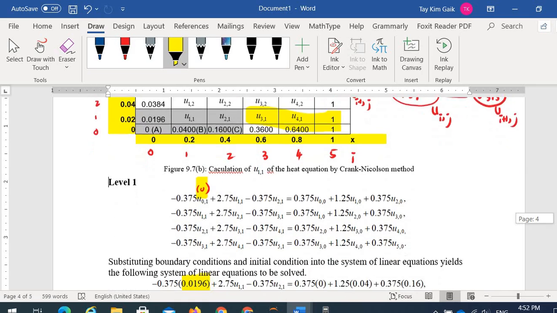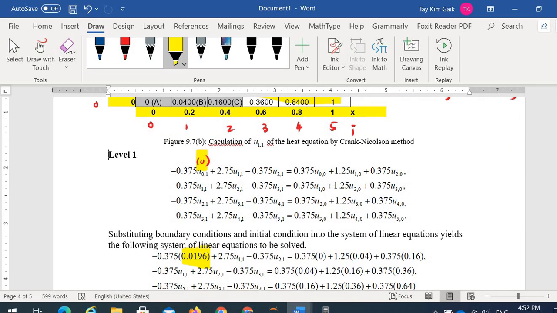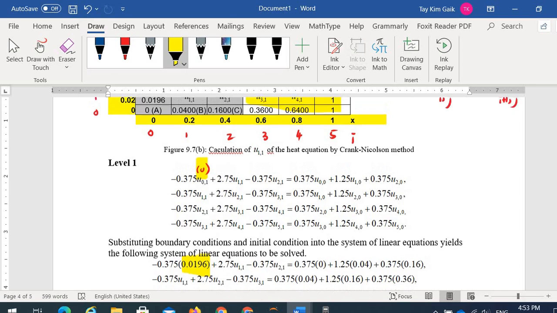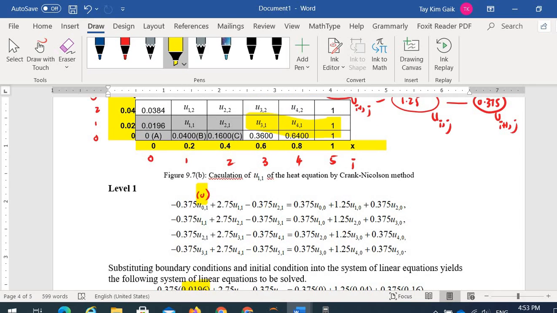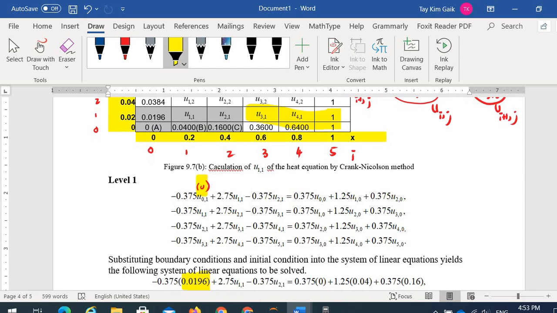So you notice here, you may write 1, 2, and then you need to key into the calculator. In manual, you write this one, then fill in the boundary value and the initial value. At the bottom level, here, U00, the value 0, 0.04, 0.16.